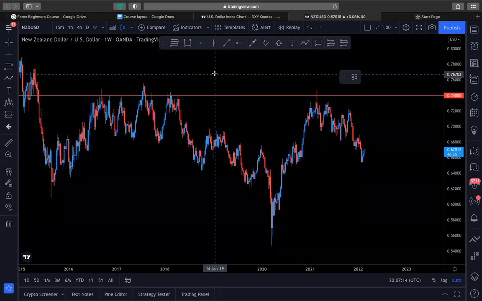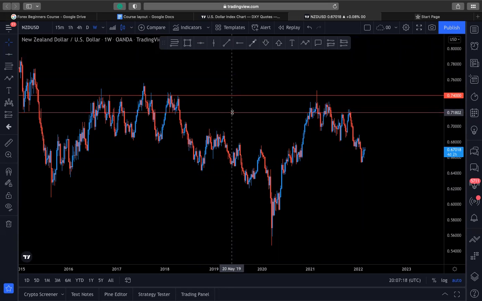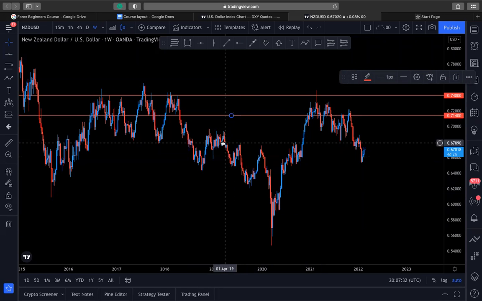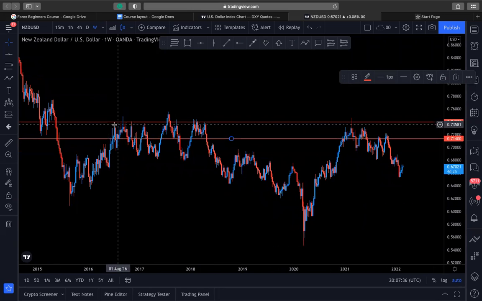I'm going to apply another horizontal line. Take this line, bring it down, see what we can. I think this level right here is going to be a good level. I'm seeing price react to this level a few times, right?